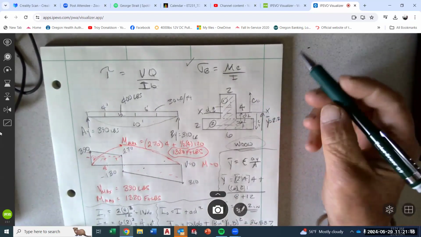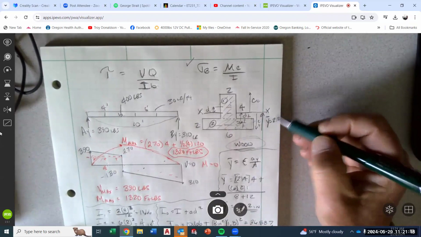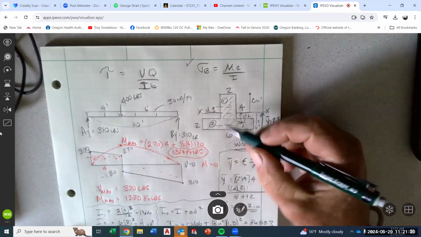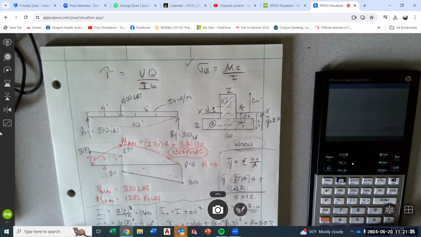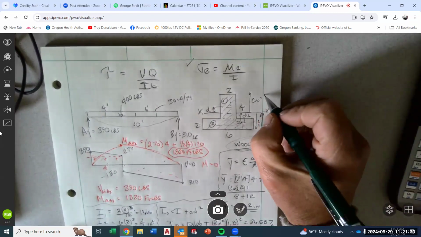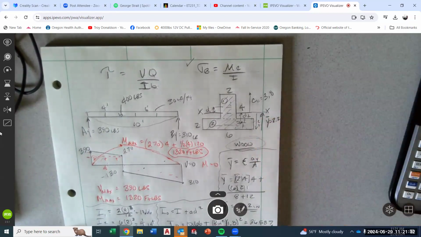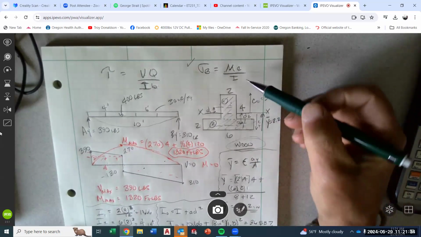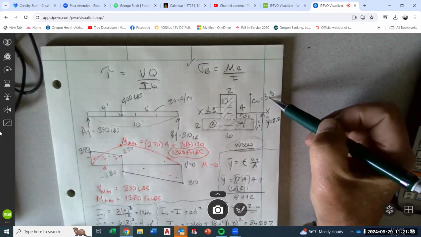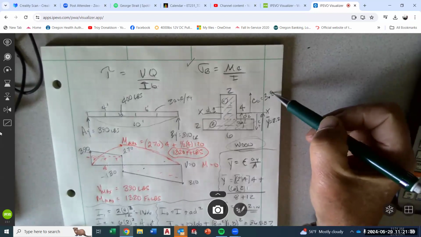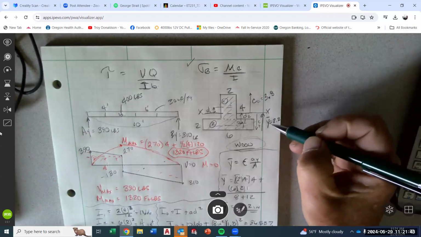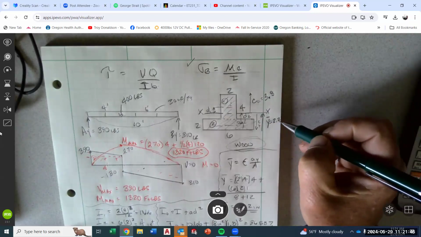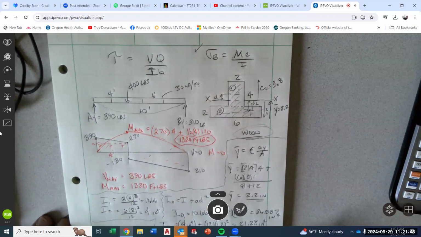Because this C is different. It's 2.2 down here, but up here, what's the total height? The total height is 6. So 3.8 up above. If you just want maximum bending stress, then you use the largest C value. We'll use the 3.8. But if you wanted compression bending stress, use the 3.8. If you want tensile bending stress, use the 2.2. All right, we're just going to go for maxes.